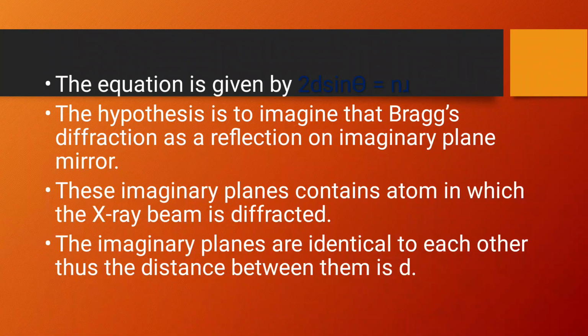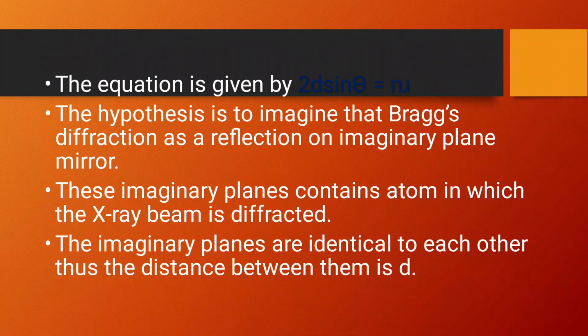The hypothesis is to imagine that Bragg's diffraction is a reflection on imaginary plane mirrors. We assume that the planes in the crystal are plane mirrors, which means that when the X-ray beams reach these planes, they are reflected, so we have the angle of incidence and the angle of reflection.